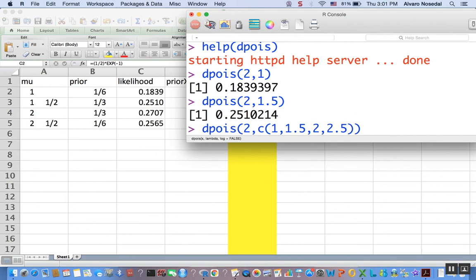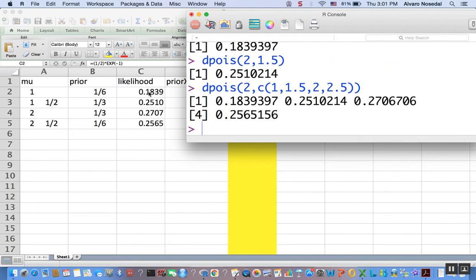Those are the possible values for the mean, mu. We have all these values. Those are our third column, the likelihood. So let's call that likelihood.